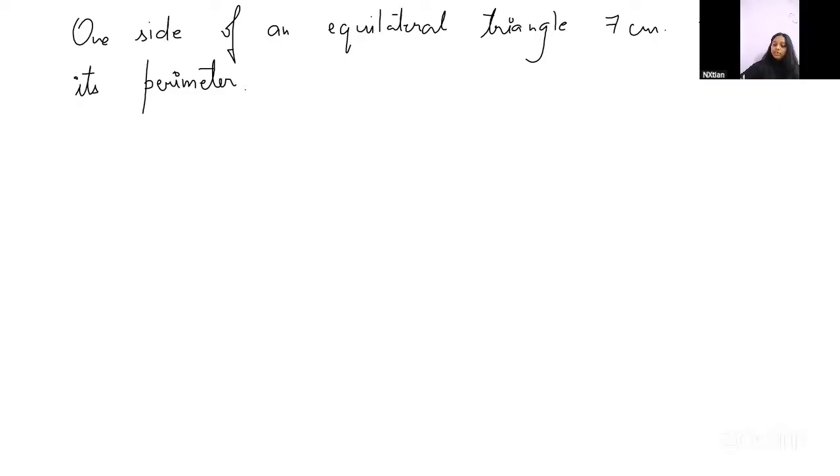Because it is an equilateral triangle, perimeter is equal to 3s, that is 3 into 7, 21 centimeter. Okay, now we will move on to the next thing.